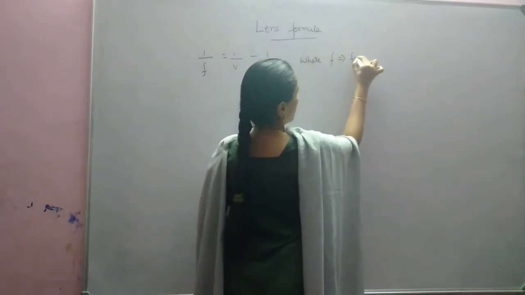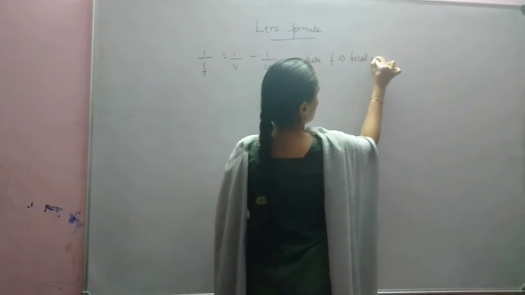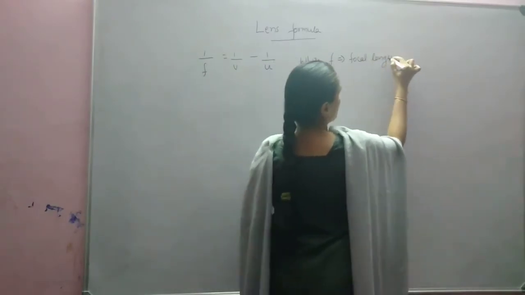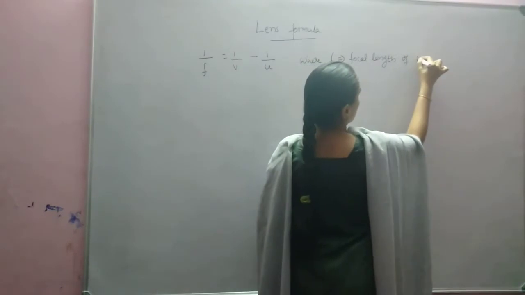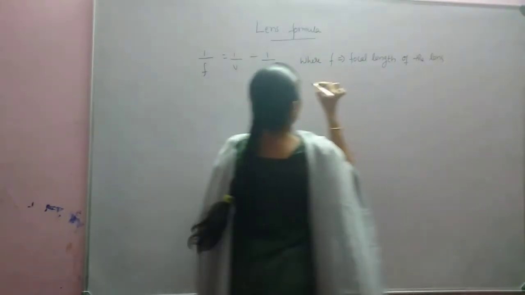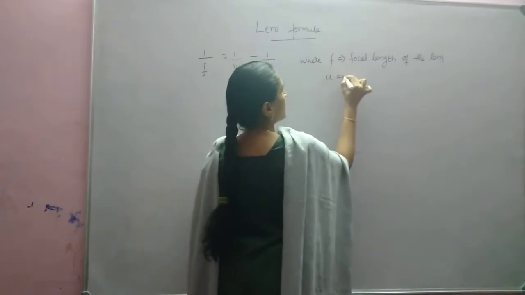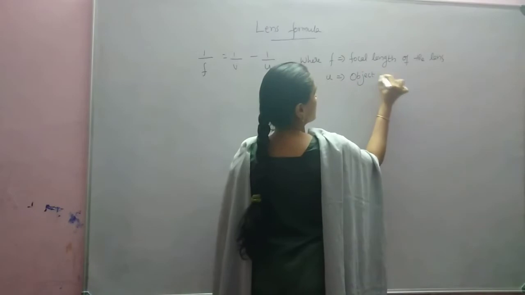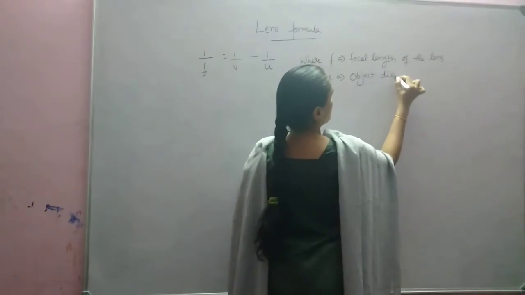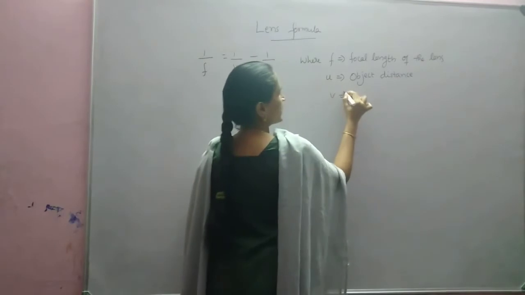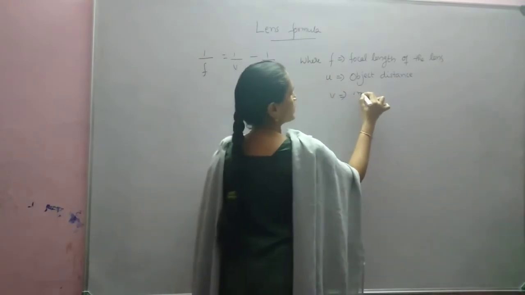is the focal length of the lens, u is the object distance, and v is the image distance.